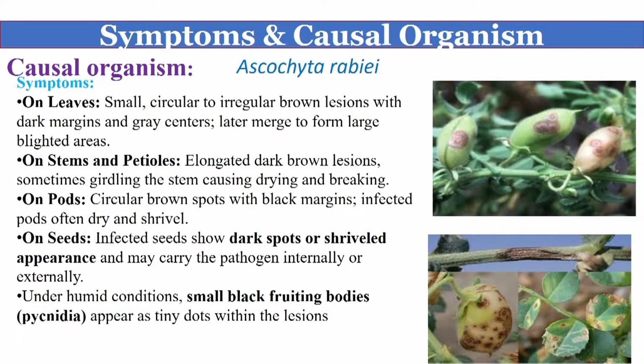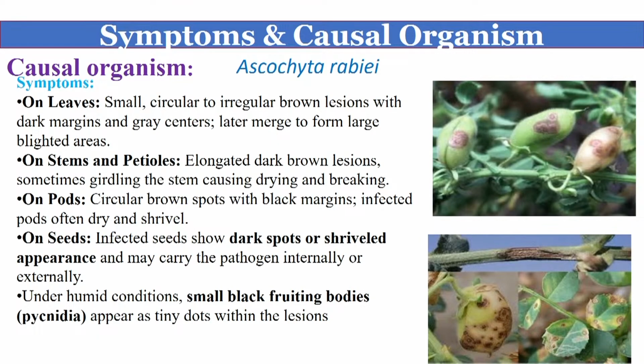Small circular to irregular brown lesions with dark margins and gray centers later merge to form larger blighted areas. You can see them on the pods as well as on the leaves, and the stem and petioles also get affected by elongated dark brown lesions.